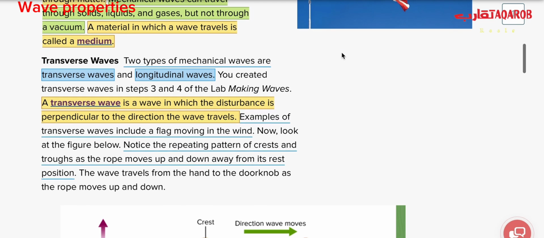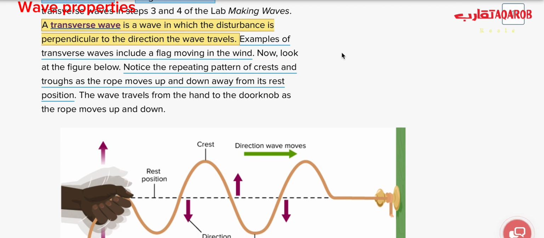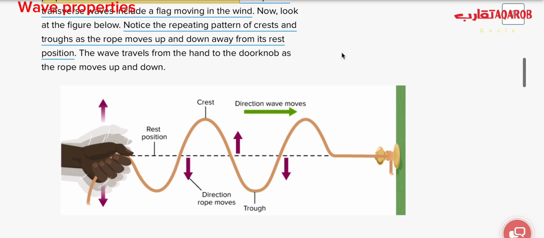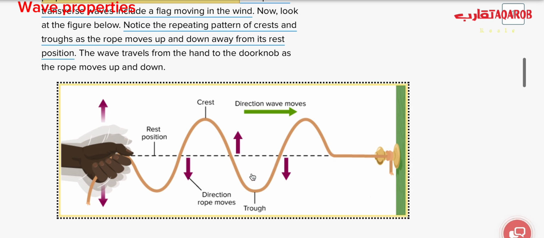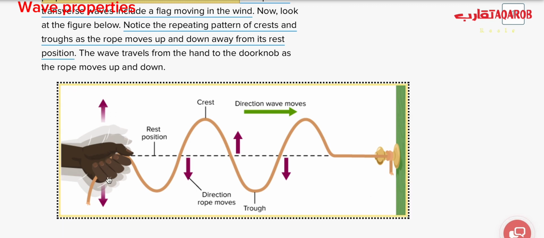So what do we mean by rest position? We know that the wave travels from the hand, and if you have this rope and you tie it to a doorknob, and you start to shake your hand up and down, this is the direction of the movement of your hand, and this is how the waves will be.